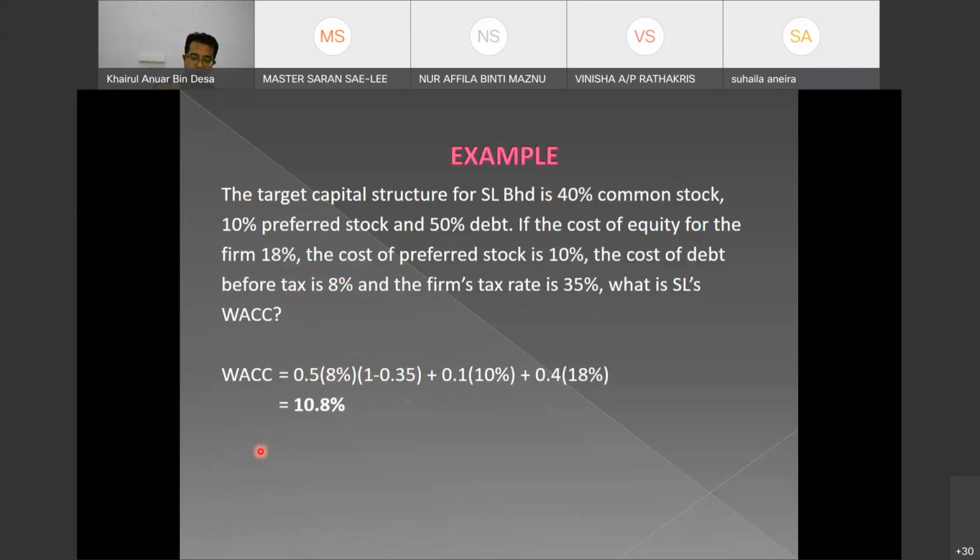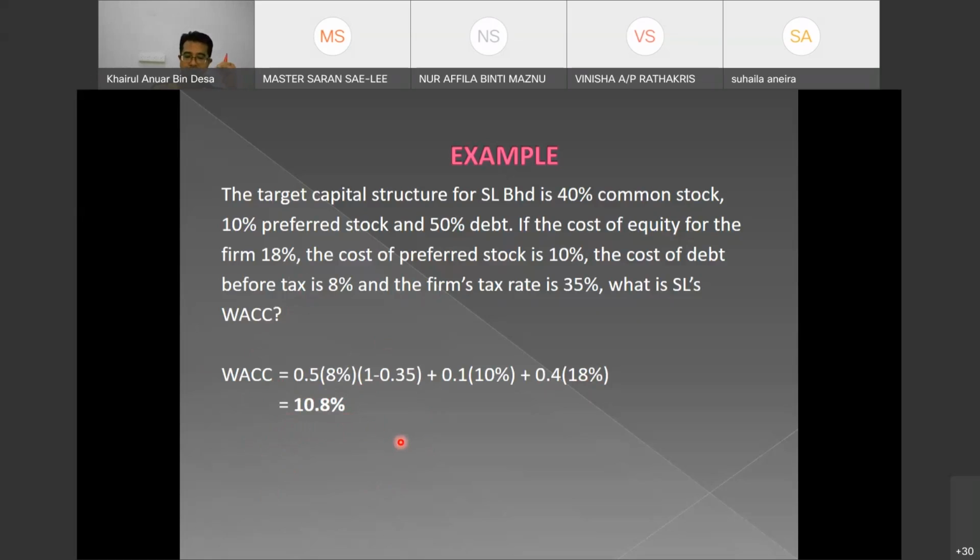And what is the average cost of SL company? WACC 10.8%. Again, after this, we're going to compare the expected return and your required rate of return. WACC ini juga dikenali sebagai the required rate of return for this company.